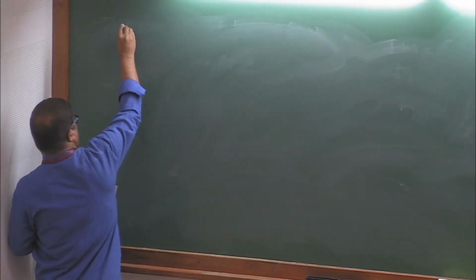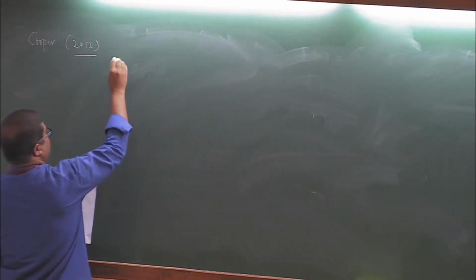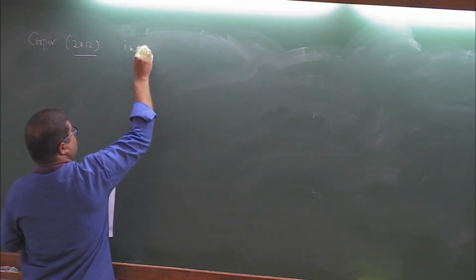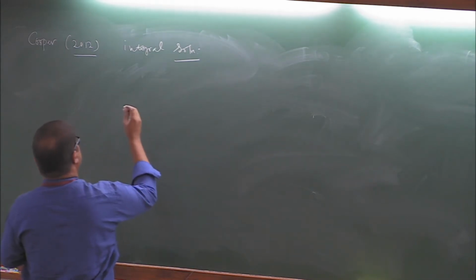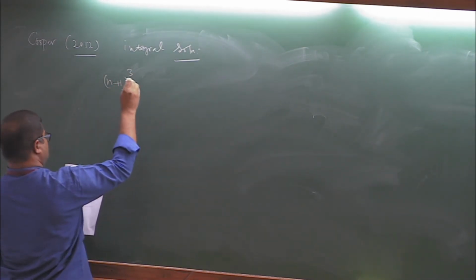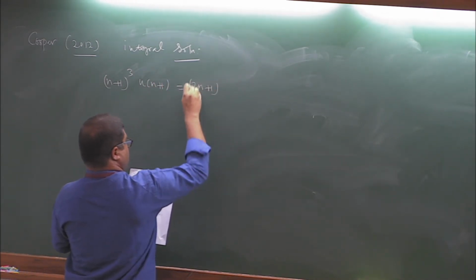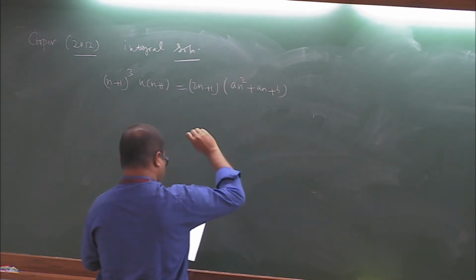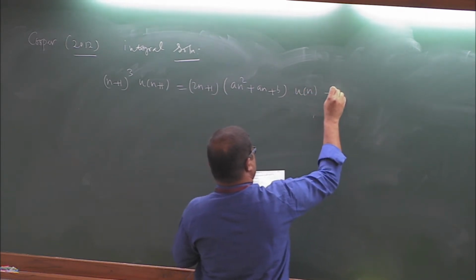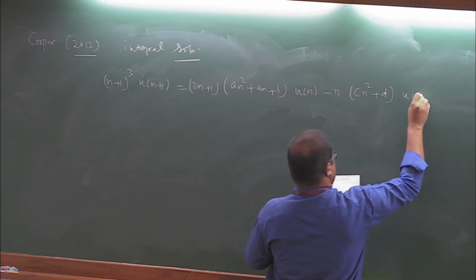So Cooper, in 2012, considered these integral solutions to this more general recurrence relation: (2n+1)(an^2+an+b)u_n - n(cn^2+d)... u_{n-1}.